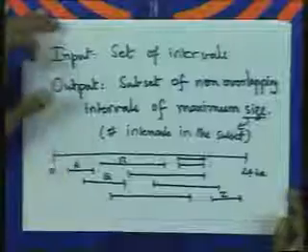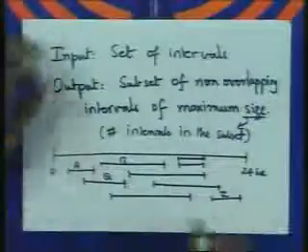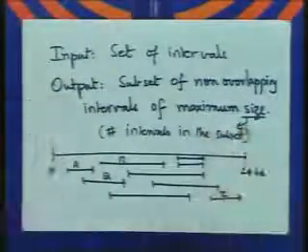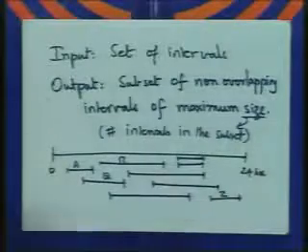That should be maximum. So for instance, here if I can pick 4 intervals, then that's better than picking 3 intervals, even though the 3 intervals may be longer. That's not our goal. Our goal is to pick numbers, it's just numbers. As many intervals as I can schedule, I should pick. That's the problem.